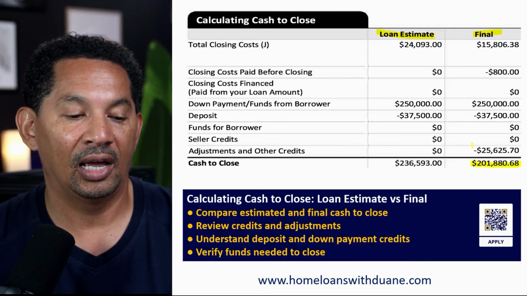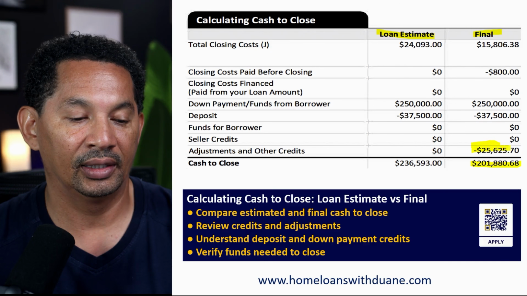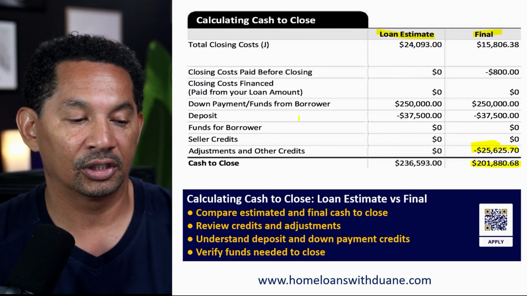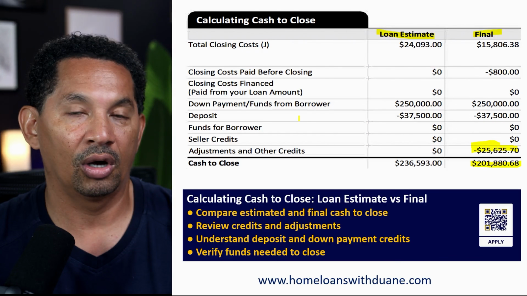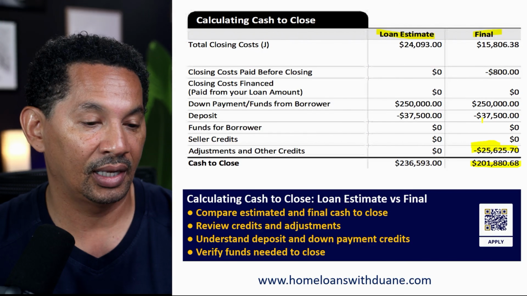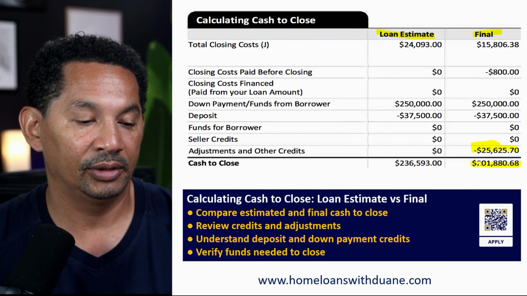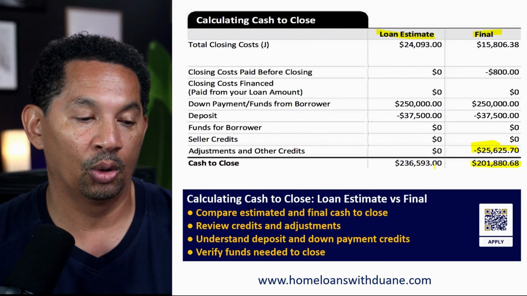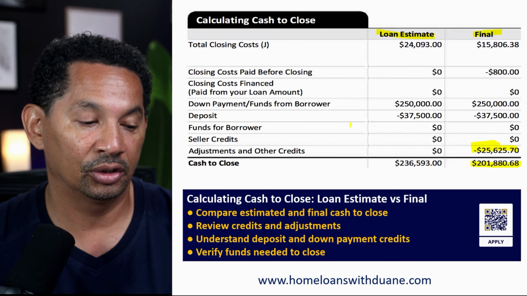And that's because at one time, I believe there was an escrow account on here. So that got removed. And then some additional costs were paid up front, like the homeowner's insurance. They have to pay that up front. So some of these came down. So you can typically see that this figure will come down lower from the loan estimate to the final. But this is how you compare the two.